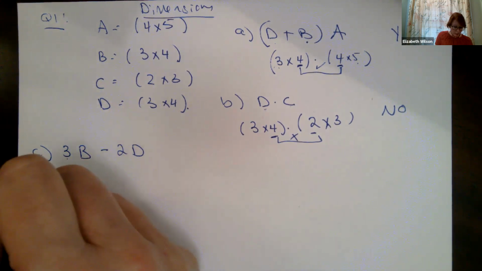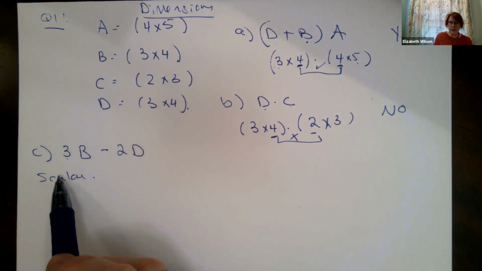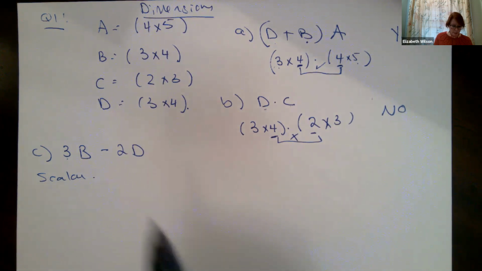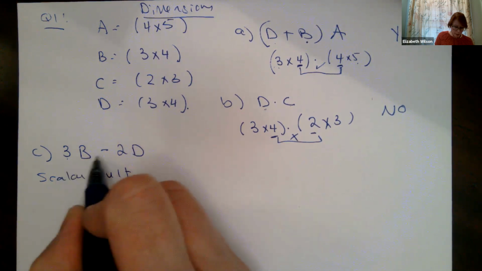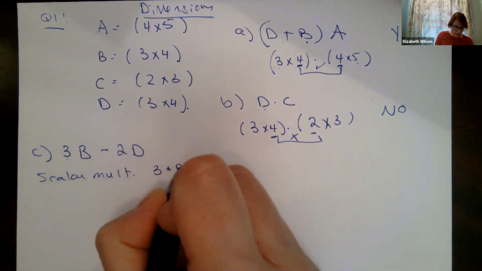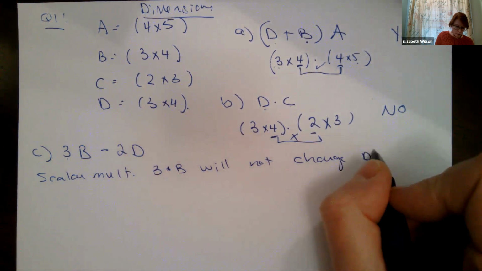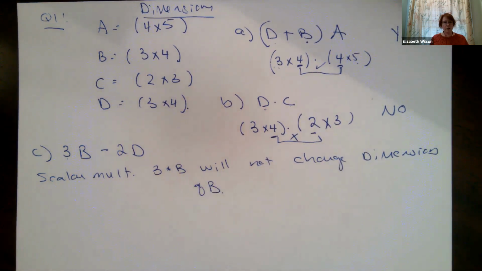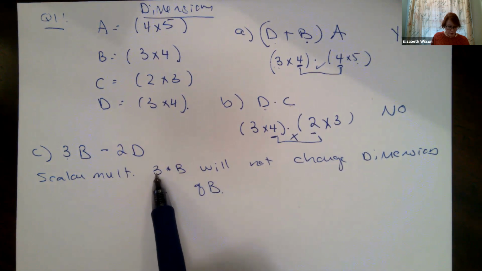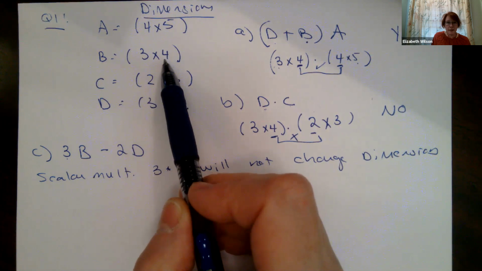This is a scalar multiplied by B. All I'm doing is taking the number 3 and multiplying it by every component inside B. So scalar multiplication. 3 times B will not change the dimensions of B. I think what I saw on some of the quizzes was that people thought 3 times B is going to make this a 9x12 matrix, which is not the case.